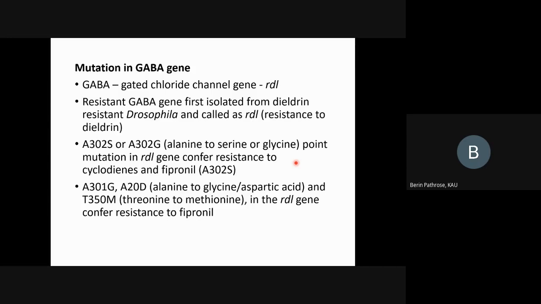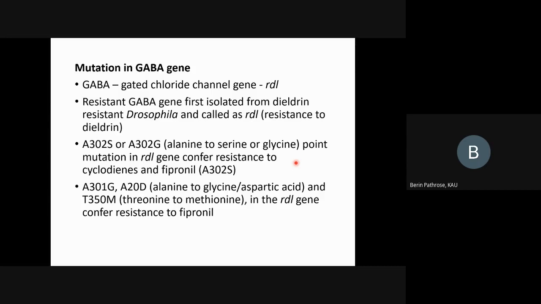In the 302 position of the GABA gene, earlier it was alanine, and in the resistant gene, it got converted to serine or glycine. And those GABA genes with mutated serine or glycine at the 302 position were called the RDL gene, resistant to dieldrin gene.